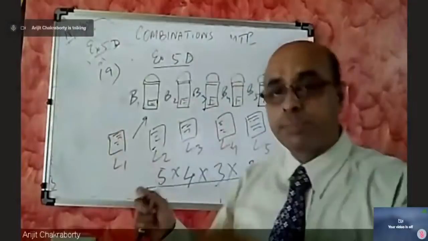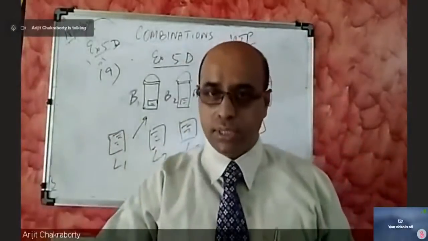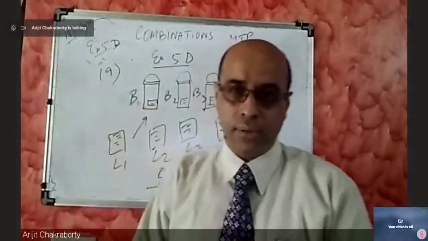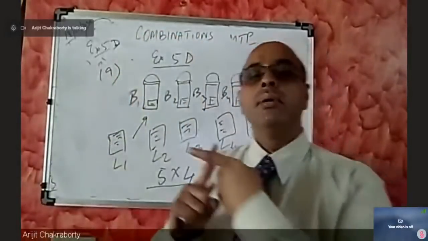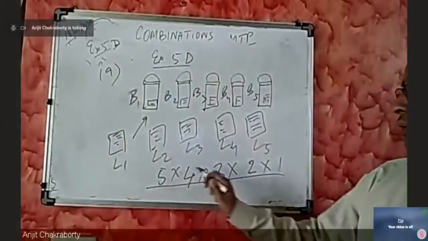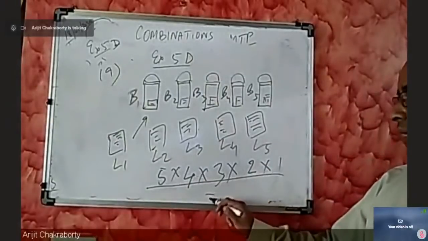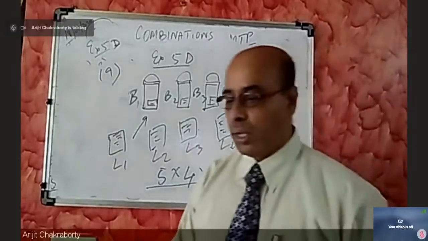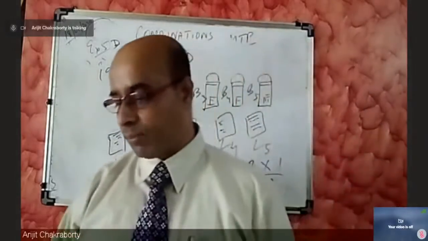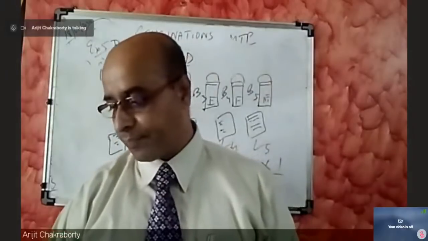There are 5 events, but they are dependent on each other. They have an interrelation, and therefore we apply the multiplication rule. So 5 into 4 into 3 into 2 into 1, that is 120 ways, right? So this is how we solve exercise example number 19, 5.29.